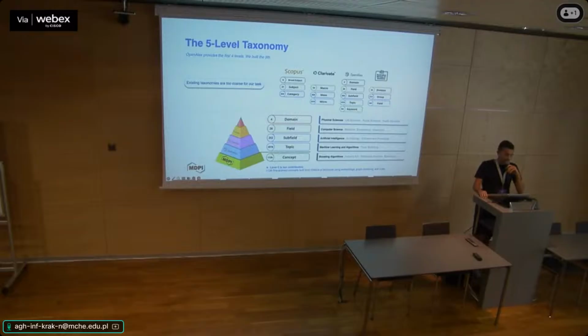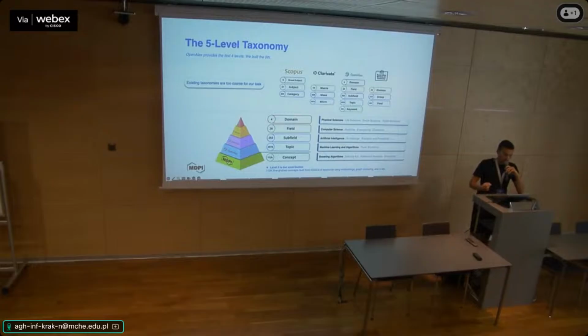So we took the 4-level taxonomy from OpenAlex, which has a CC0 license, so we can take advantage of this. OpenAlex is an open catalog spanning all the knowledge about scientific research. It has 4 domains, 26 fields, 252 subfields, 4,516 topics, but this was still not granular enough for our task.